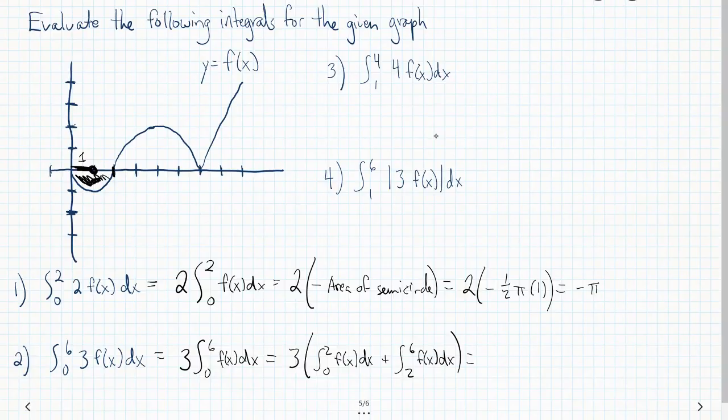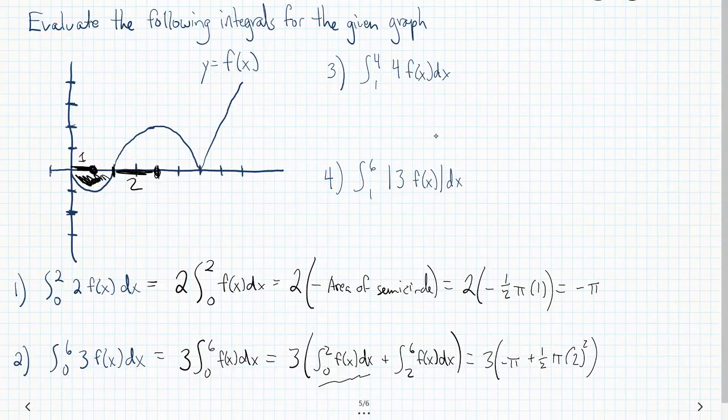Notice both of those are semicircles, so hopefully we're pretty familiar with the formula. This is 3 times. We know the first one from up above. That's negative pi. Plus our second one, well, it goes 1/2 pi. What's our radius? Well, notice we have a radius once again of 2 is our magical value. So pi times 2 squared.